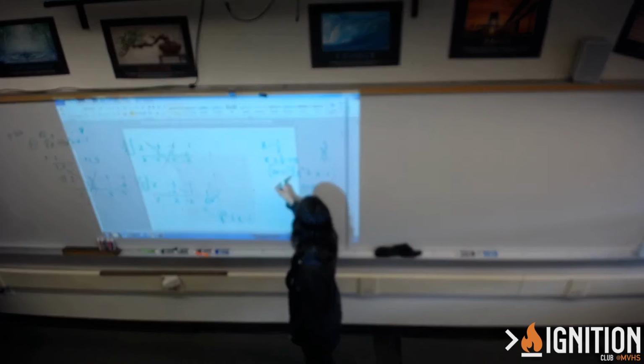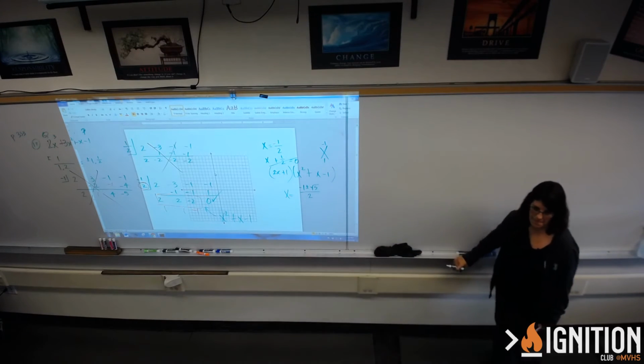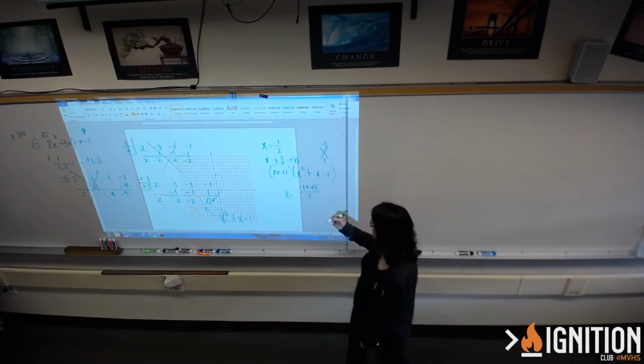So, x equals negative 1/2... This is what x equals. x minus... multiply both sides by 2.